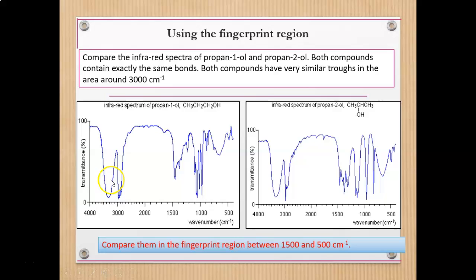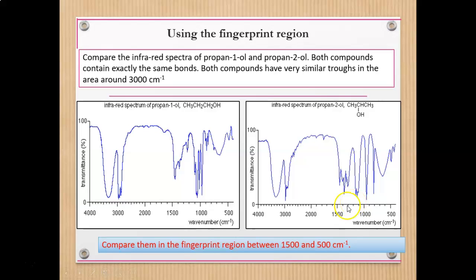And in the structure, you can see that the spectra are quite the same, and the OH lies here, around 3000. So compare them in the fingerprint region between 1500 to 500.